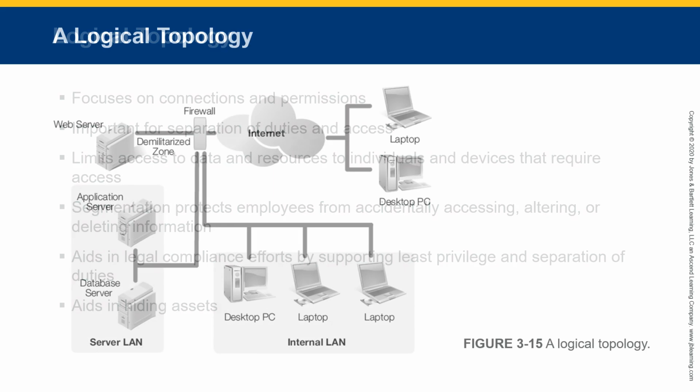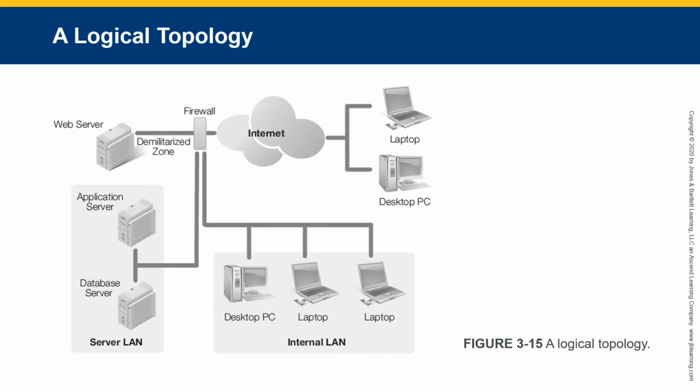So that's there. So here we see a logical topology, and up here we see a web server in what is called a DMZ, or a border network or a perimeter network. A lot of times in modern times, you're not seeing as much of this terminology of a demilitarized zone anymore.